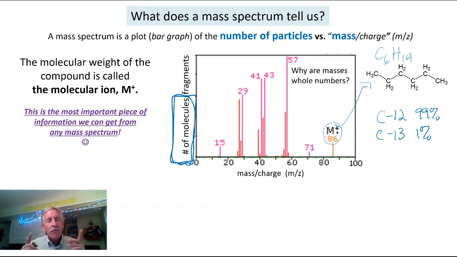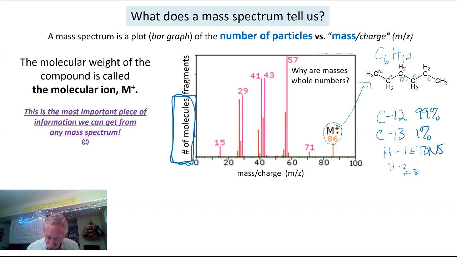But what mass spec is doing is it is going to measure all of these, and the majority of these are all going to be carbon-12s. What's the majority of hydrogen in nature? Yes, that's not a trick question. H1, again, tons of it. Very little H2, H3, very little other isotopes of heavier abundance.